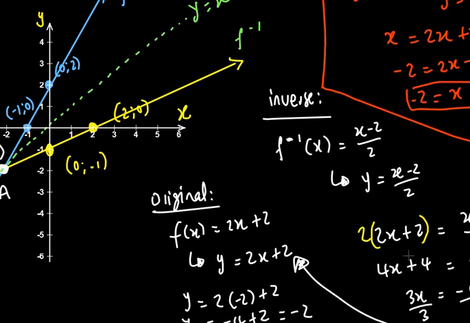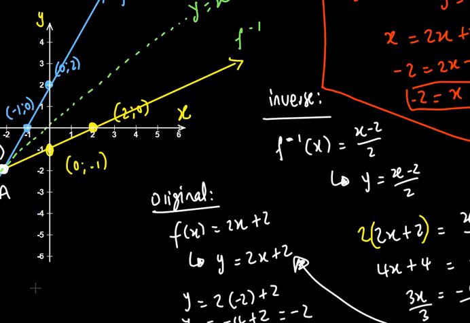Then now I found it much quicker as compared to the other method. Then I have that point as negative 2 and negative 2. So that is how we sketch an inverse. That is how we find the equation of an inverse. That is how we sketch the original. And then that is how we find the point of intersection.